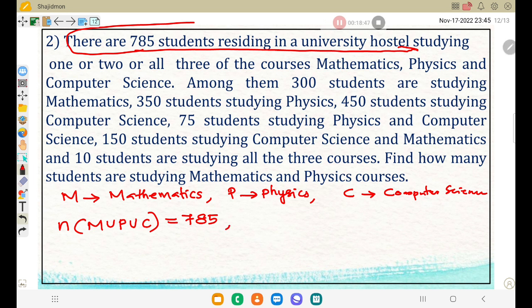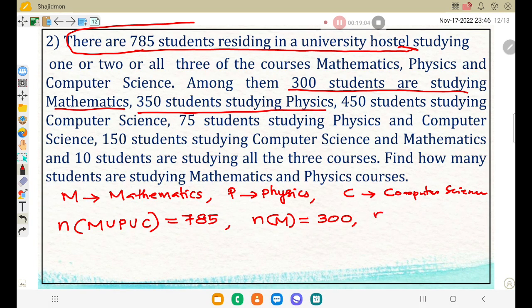Now you can read here. Among them, 300 students are studying mathematics, so the number of mathematics equals 300. Then 350 students are studying physics, so the number of physics equals 350.